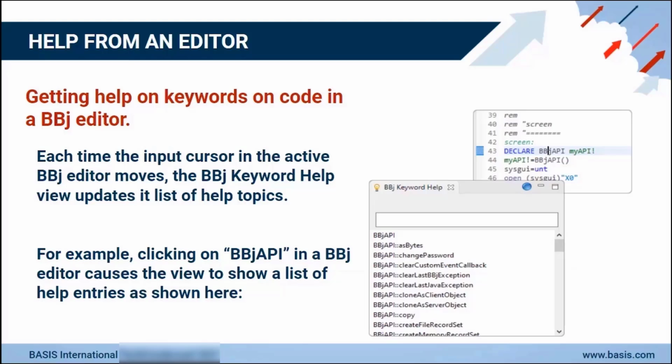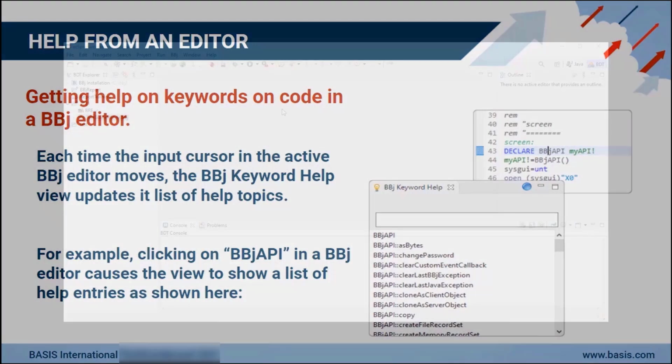The first one is the BBJ API class itself, and then below that you see the classes with various methods in case you wanted to jump to some more specific information. So all you have to do in the BBJ keyword help view is click on, say, the first entry in that list, BBJ API, and that will cause an action. And let's look at what actually happens.